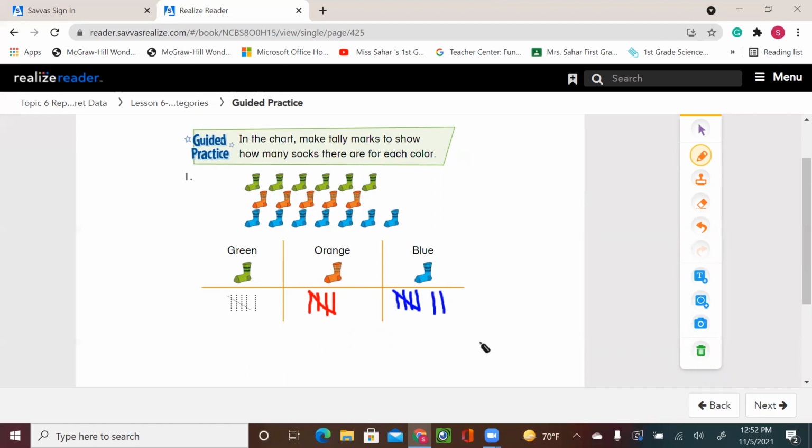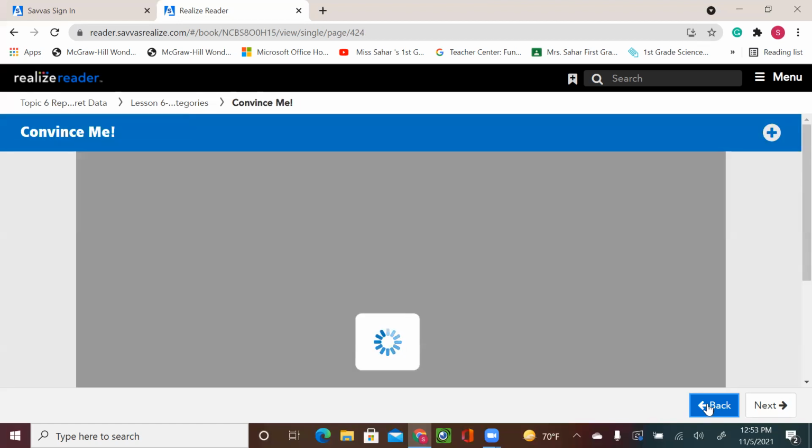So when I'm reading the tally marks, I know that I don't need to count socks one by one now. I know there are 6 green socks, 5 orange, and 7 blue. Why? Because I know a set of 5 is a group, that's 5, and then I'm counting any extra single numbers.